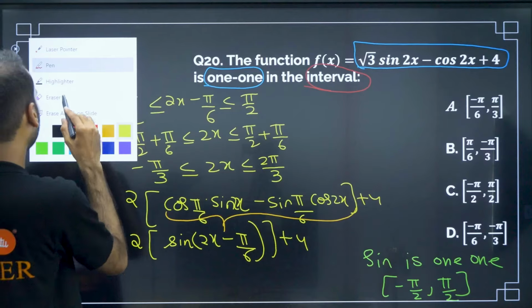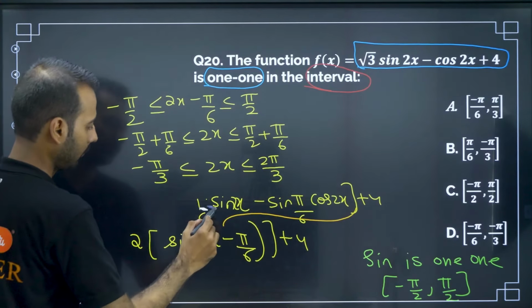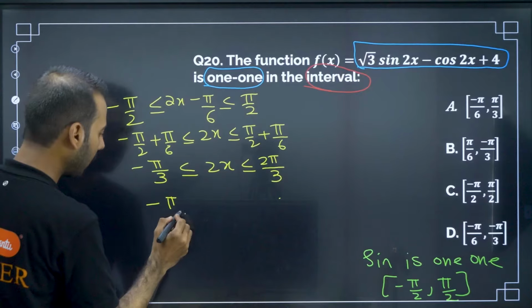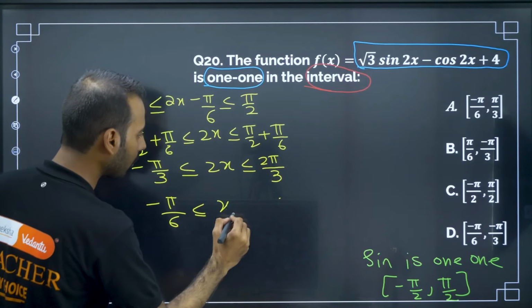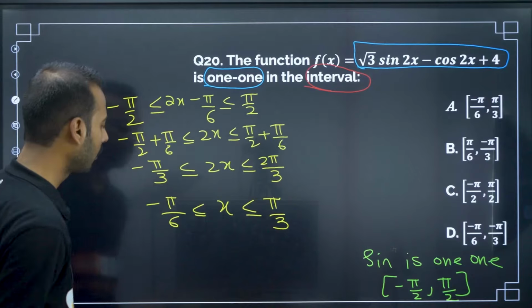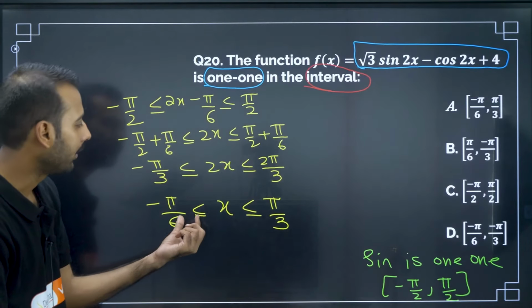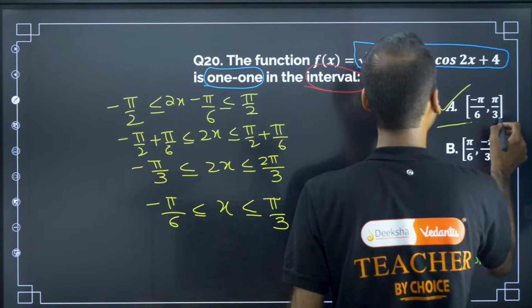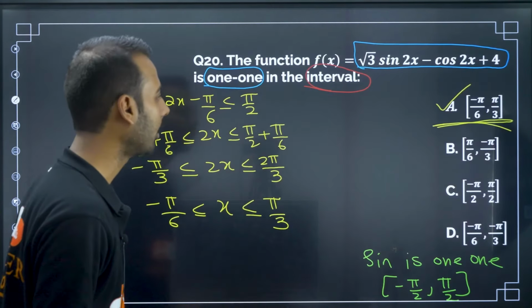Next, if I divide by 2 on both sides, this becomes minus pi by 6 less than or equal to x less than or equal to pi by 3. So x belongs from minus pi by 6 to pi by 3. A is the answer for this.